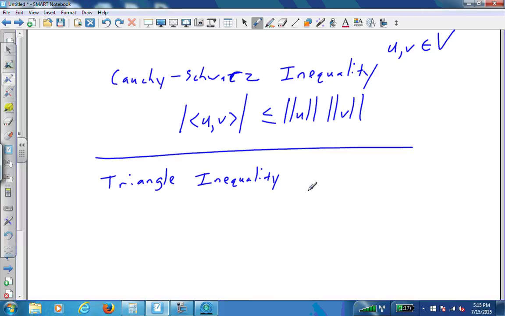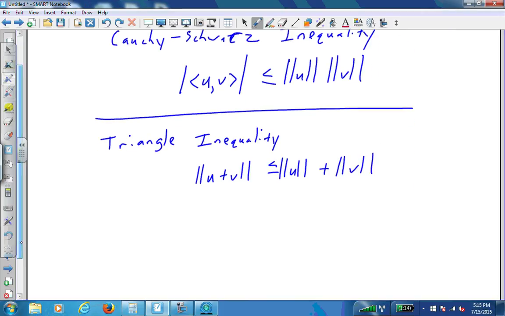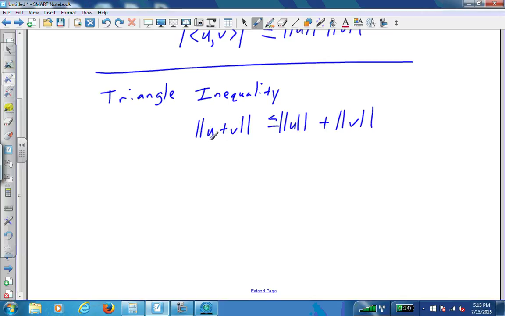The triangle inequality, you may or may not have dealt with it before. The norm of U plus V is always less than or equal to the norm of U plus the norm of V. Basically saying if you add two vectors together, the resultant is always smaller than or equal to the length of the separate vectors combined.